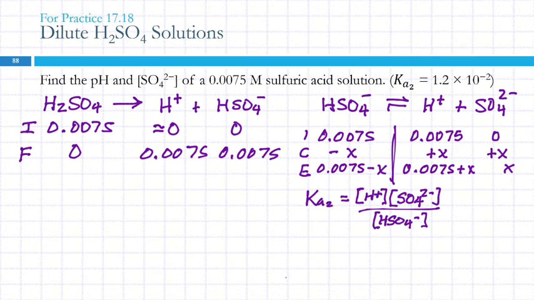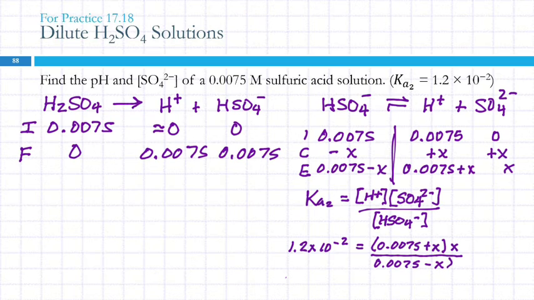So we know what Ka2 is. It's 1.2 times 10 to the minus 2. And hydrogen ion would be 0.0075 plus x. And sulfate is x. And hydrogen sulfate is 0.0075 minus x.